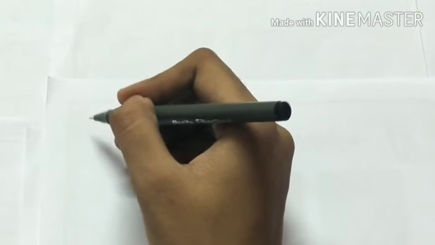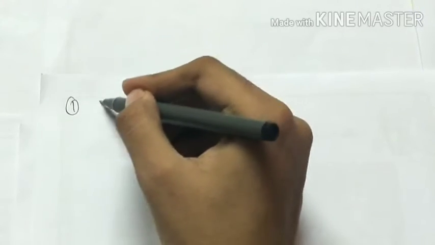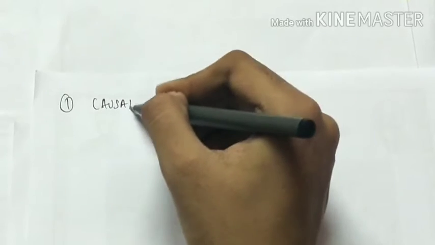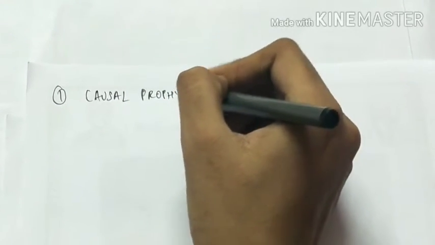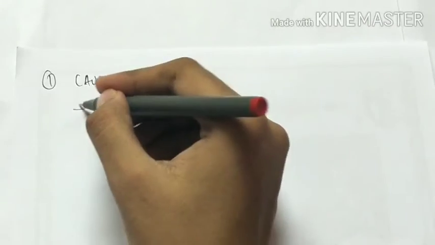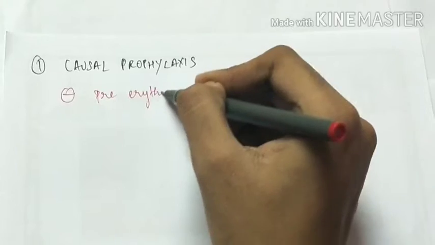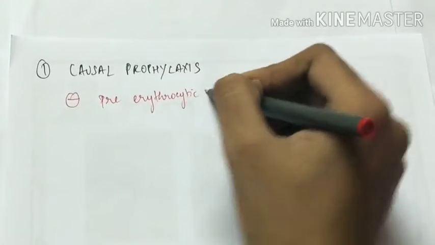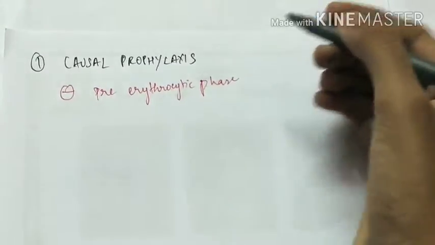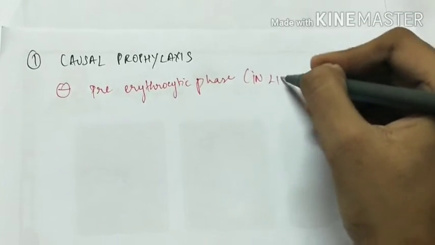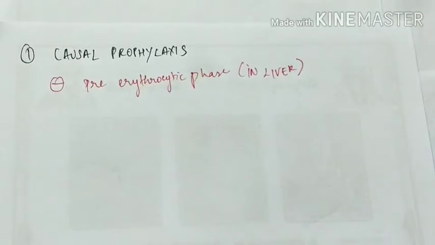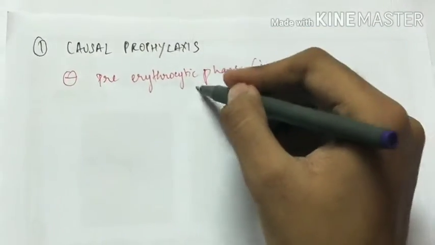Let's now see all the four types of treatment. First is causal prophylaxis. This is inhibiting the pre-erythrocytic phase in the liver, which is the cause of malarial infections.